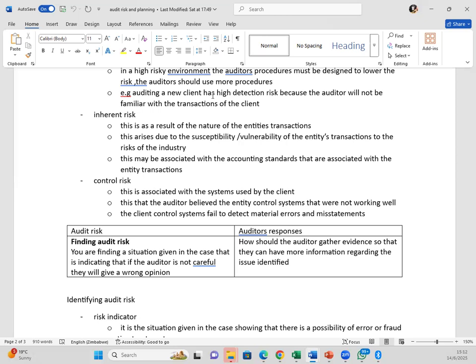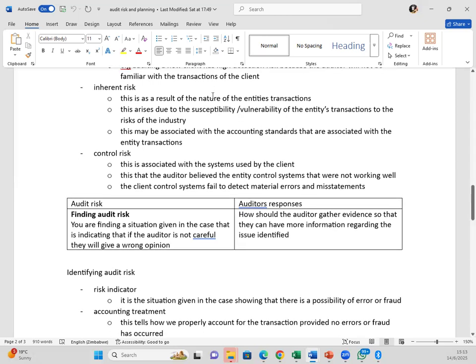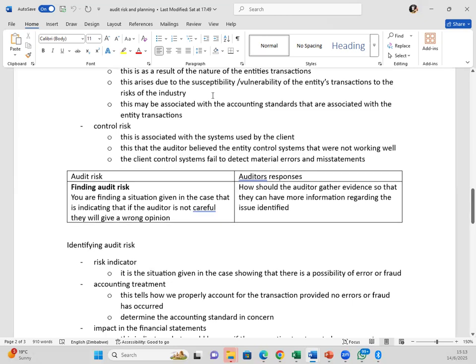We also talked about how you find the audit risk. A question will say, identify the audit risk and come up with the auditor's response.